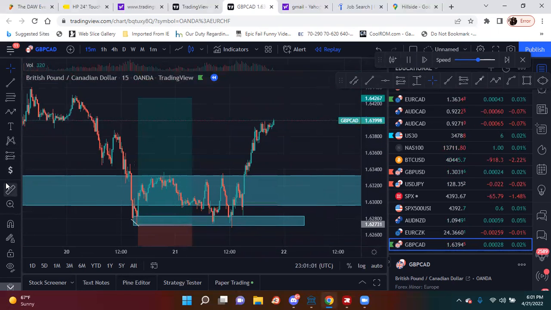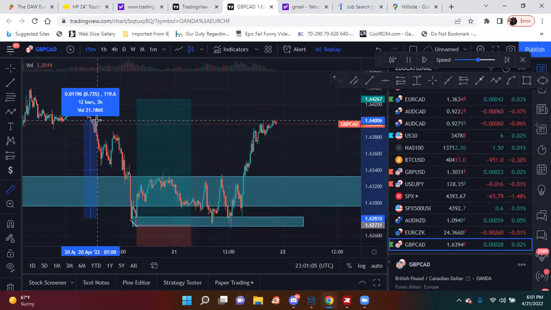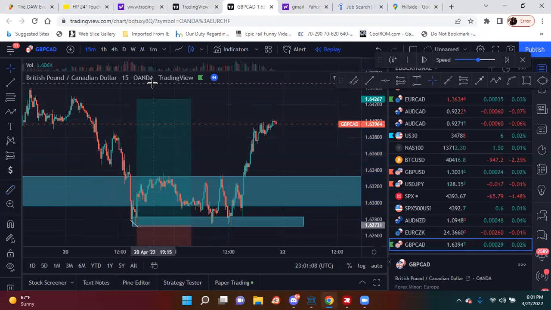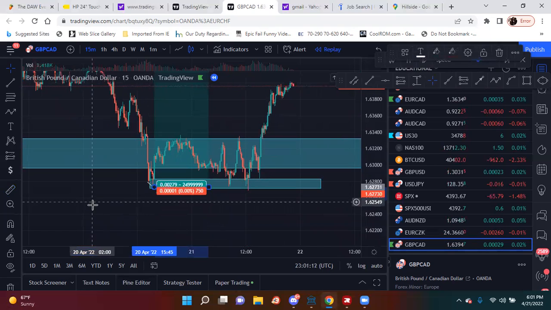At this point, I'm up. What's this? This is 119 pips. And that's where the market is right now. I got it at break even.